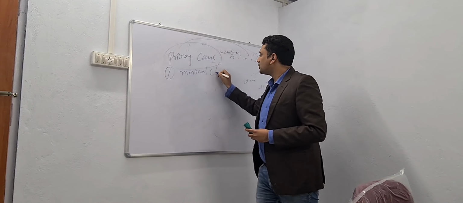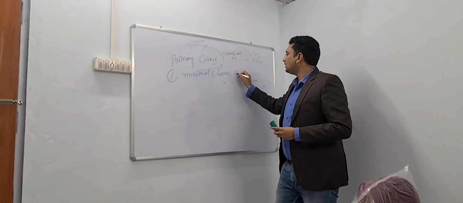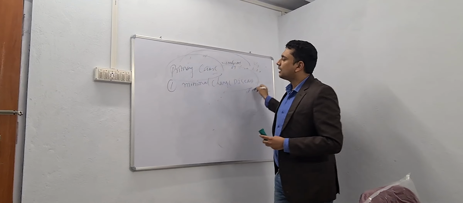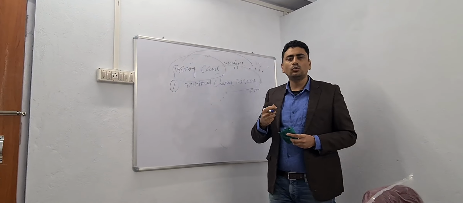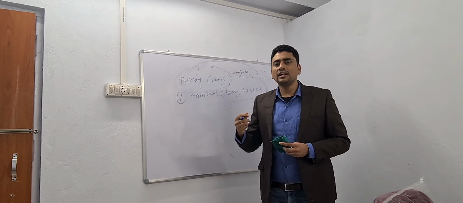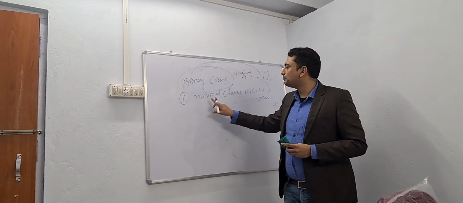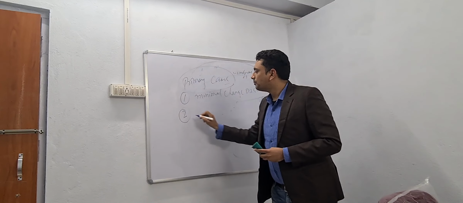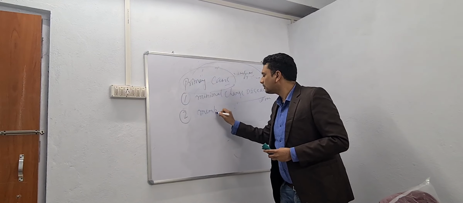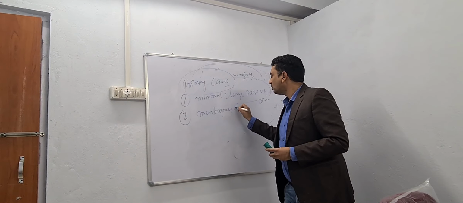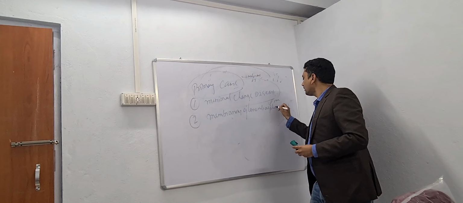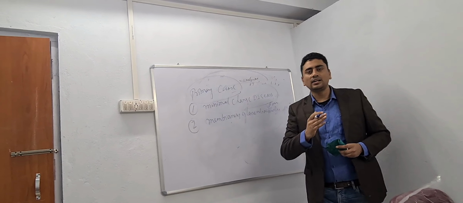Minimal change disease is mostly seen in early childhood, in children who are 1 to 7 years old. There the main cause of nephrotic syndrome is minimal change disease. The second cause is membranous glomerulonephritis, and that is mostly seen in elderly individuals.